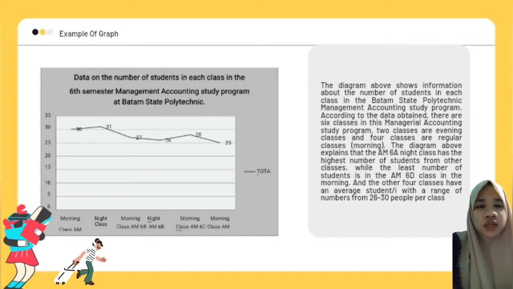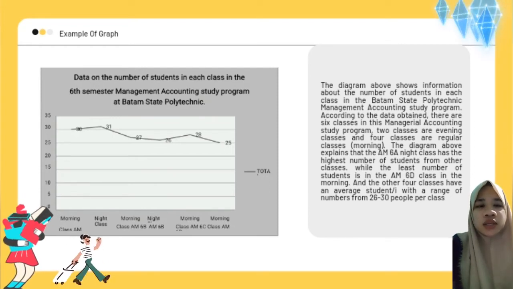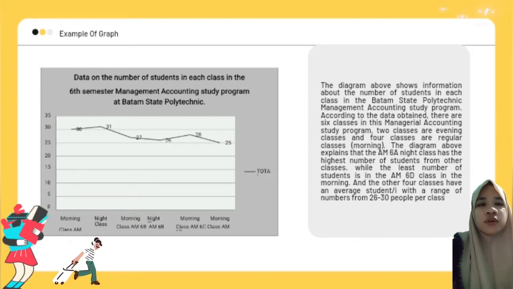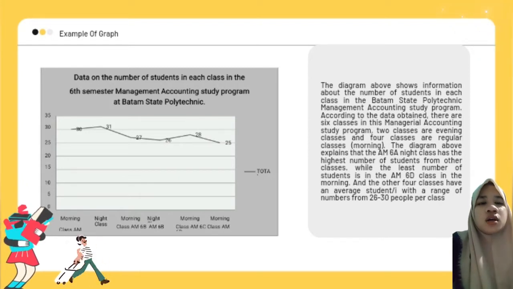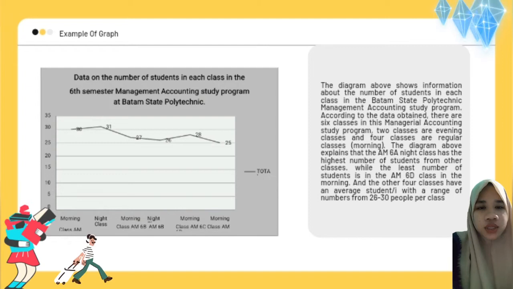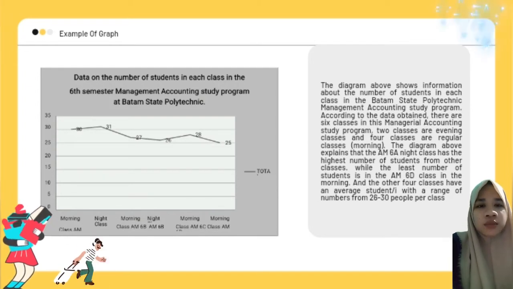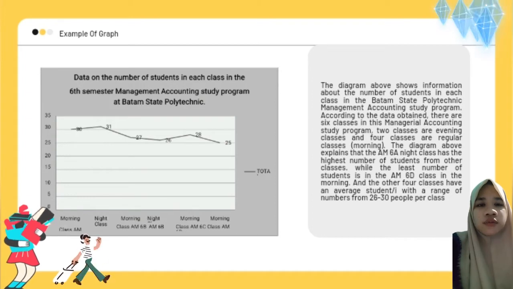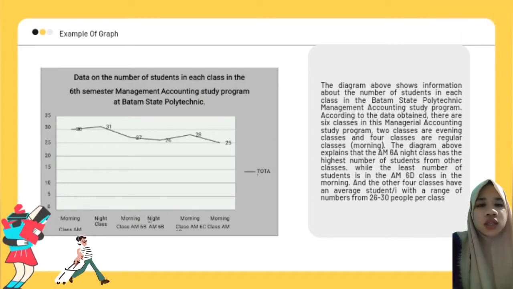The diagram above explains that the AM6A night class has the highest number of students compared to other classes, while the least number of students is in the AM6D class in the morning, and the other 4 classes have an average of students with a range from 26 until 30 people per class.